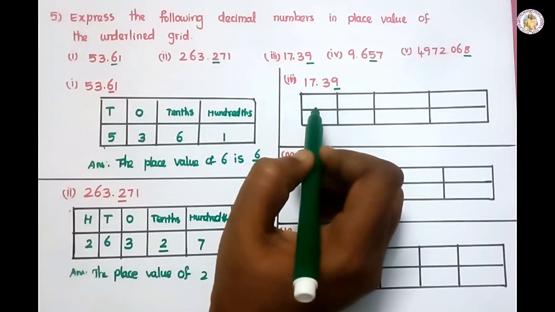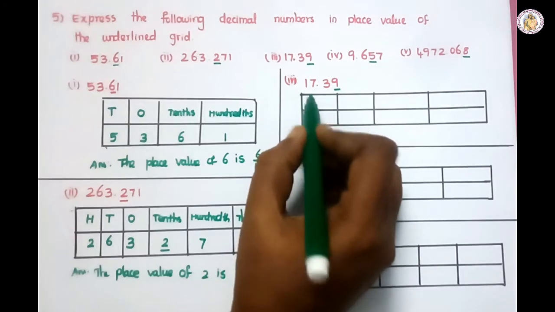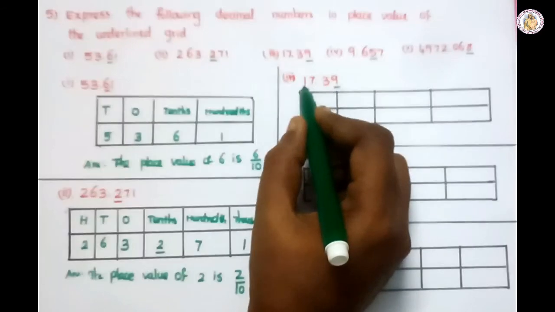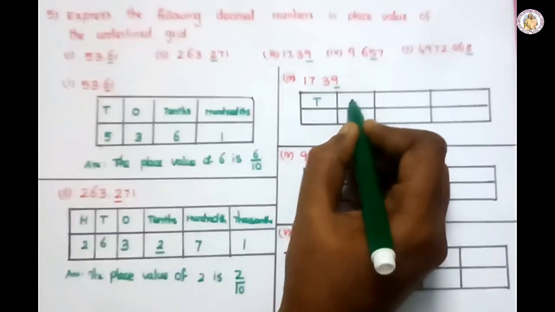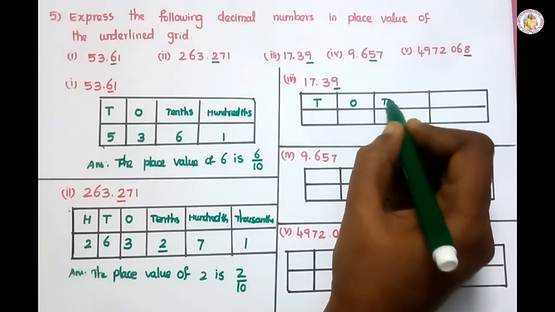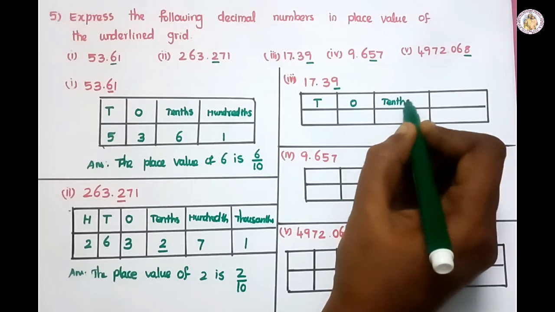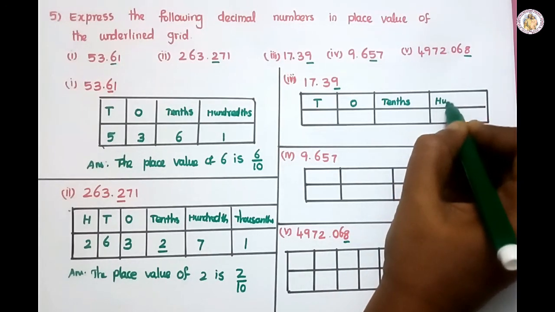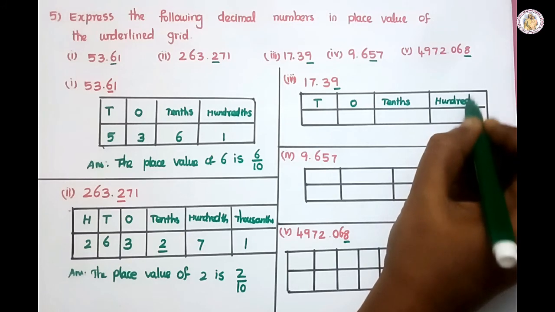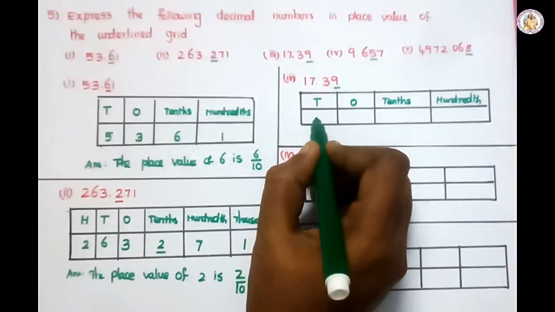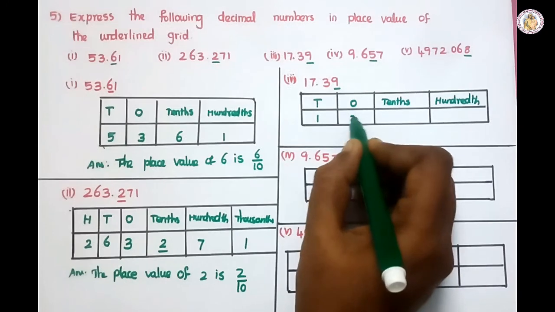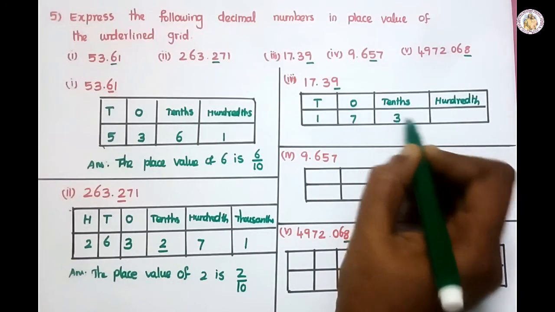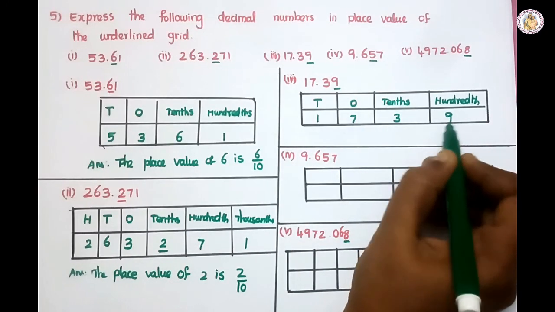Third one, 17.39. Here ones, tens. So tens, ones. Here tenths, hundredths. 1, 7, 3, 9.